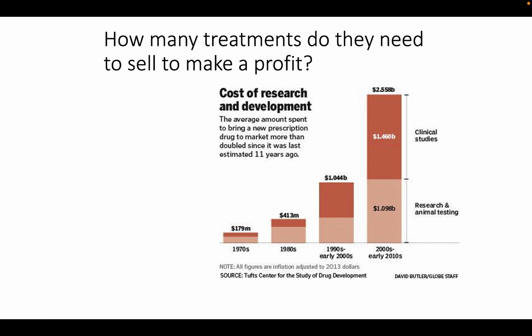Now you think about that and you think about how much drugs do cost, and the cost of drug development has really increased substantially. And so along with that has the cost of drugs that make it to market. For every drug that makes it to market, there's about $2.5 billion spent on that drug before it makes it to market.